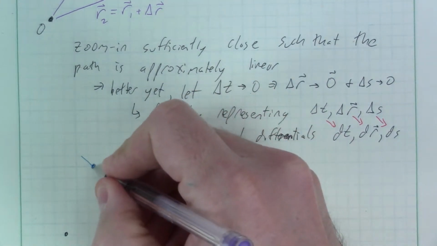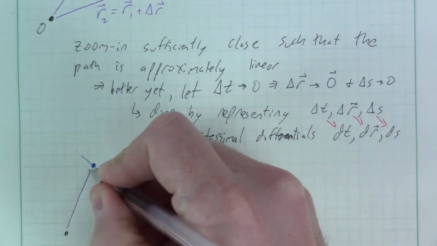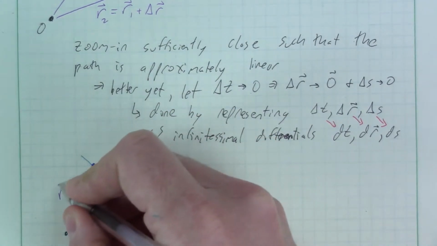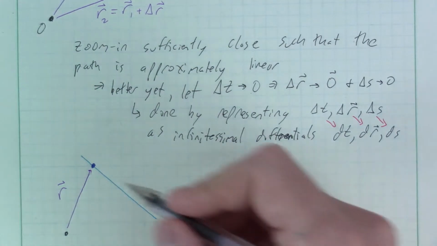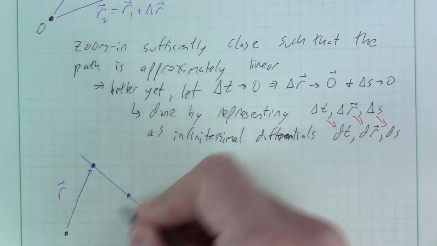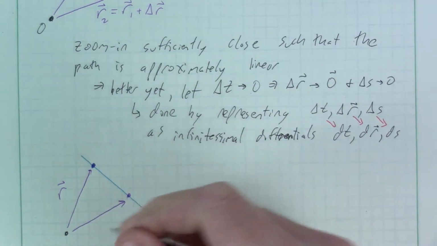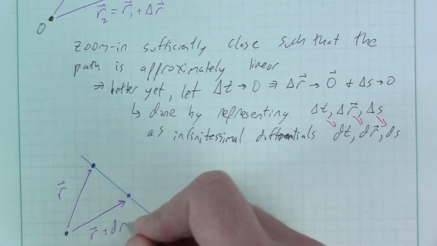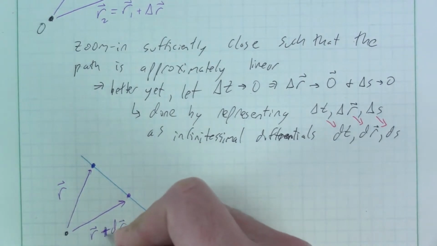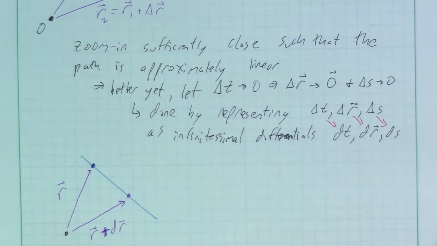Here is S1 with the R1. And instead of just R1, let's just call that R, so that this other location is R plus delta R, or plus dr, right? A differential, arbitrarily small, infinitesimally small, whatever you want to say.